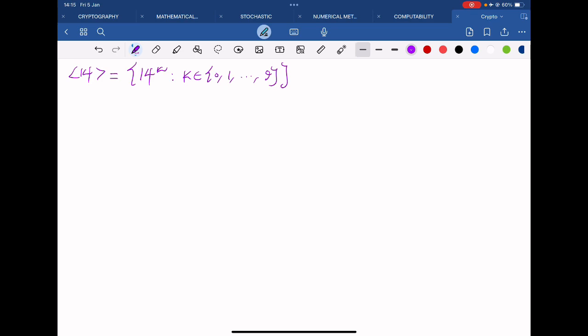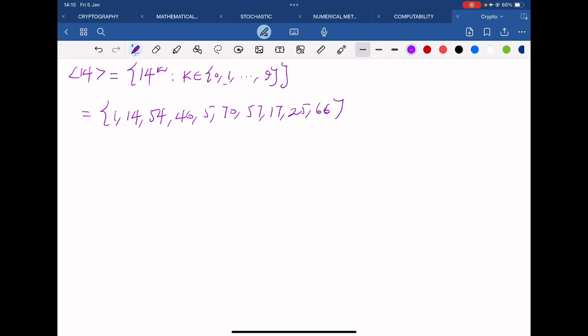And this is equal to 14 raised to the power 0 is 1. 14 raised to the power 1 is 14. 14 raised to the power 2 is 54, all in modulo 71. Then 46, 5, 70, 57, 17, 25, and 66.